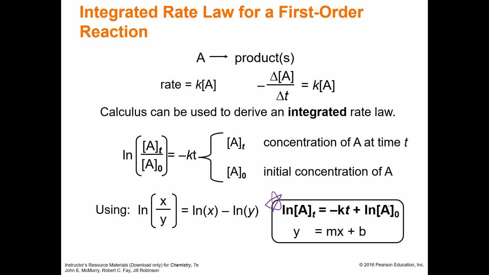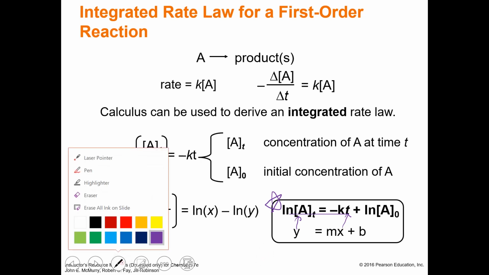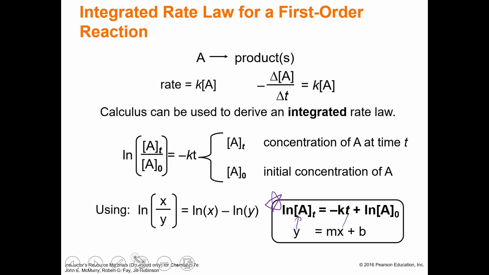So this form is much more useful to us because if we plot the natural log of A as our y and t as our x, so t is time, so we're going to put time on the x-axis and the natural log of A on the y-axis, then what happens is our slope is again equal to the negative of the constant, and our y-intercept, which is b, is equal to the natural log of the concentration of our reactant at time 0.